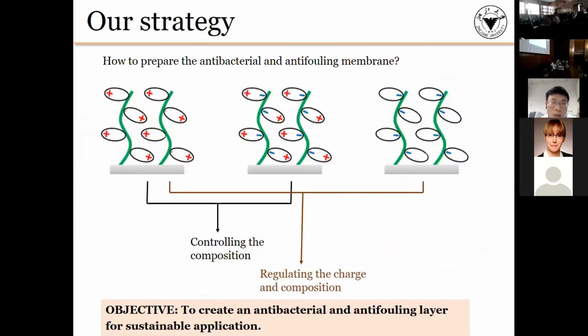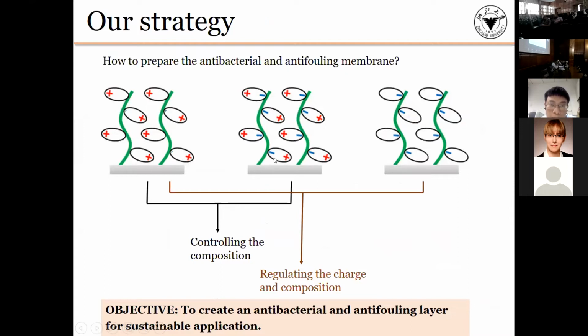In our research, we tried to build a combination of quaternary ammonia and the zwitterionic copolymer to improve the antibacterial and antifouling property of the membrane for sustainable application.